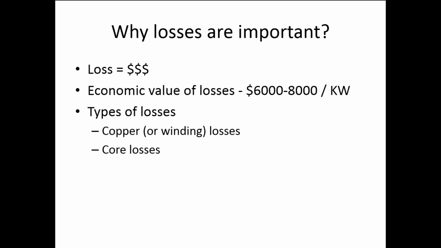Imagine, over the lifetime of a transformer, and multiplied by the hundreds and thousands of transformers all over the world, if you can cut losses by 10 or 20%, that's dramatic savings right there. So it's very important to study these losses properly and do designs in such a way that these losses are minimized. And what are the types of losses? We have copper loss, or the winding loss, and we also have the core loss.